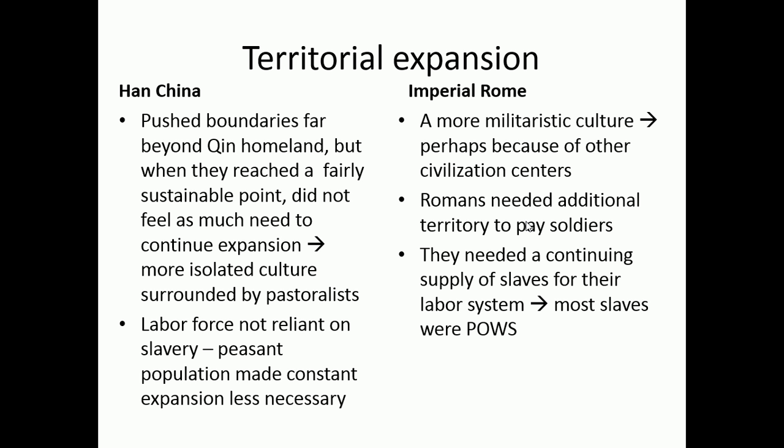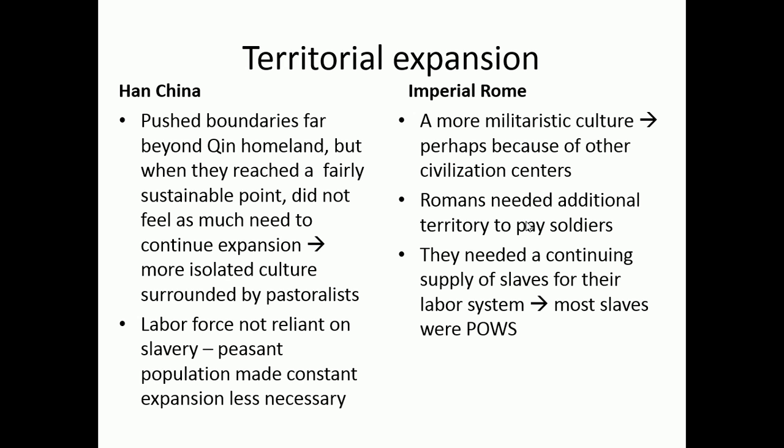Therefore, you had nobody really to work the land out in these rural areas, and so Romans were driven to conquer land in order to get POWs as slaves to work this agricultural land. And really that was just a function of the difficulty that they had in making sure that land ownership stayed in the hands of a lot of people rather than a few.